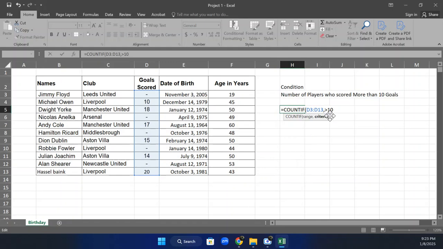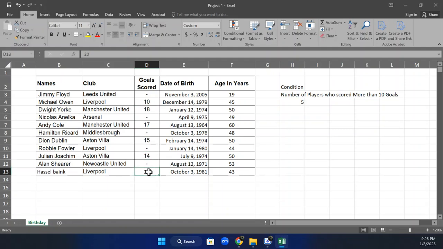This is the range we select. So you find that there are 5 players who scored more than 10 goals. We have 1, 2, 3, 4, 5.